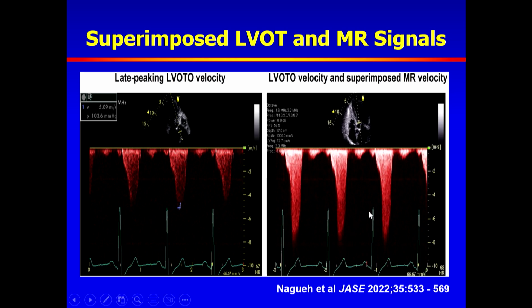This is a case where we have the dynamic obstruction jet superimposed on the mitral regurgitation jet. This is a velocity approaching 7 or maybe even more than 7 meters per second. That's the MR. But the distinction between where the outflow tract velocity peak is versus that peak of MR is not that clear. So what do we do in these cases?